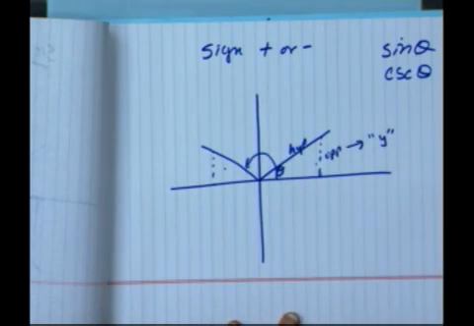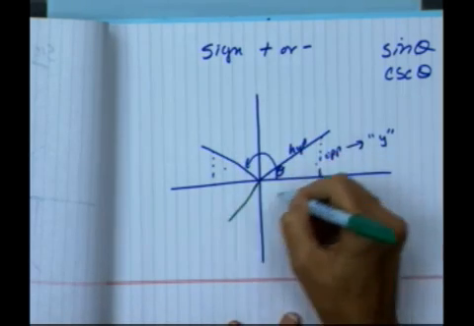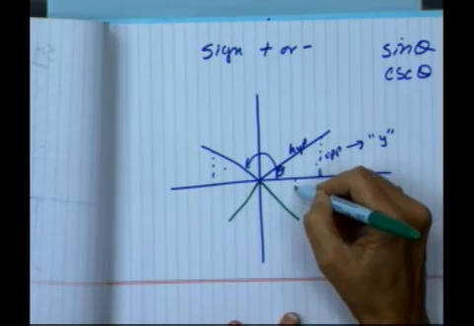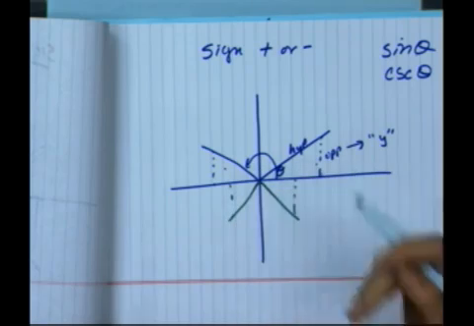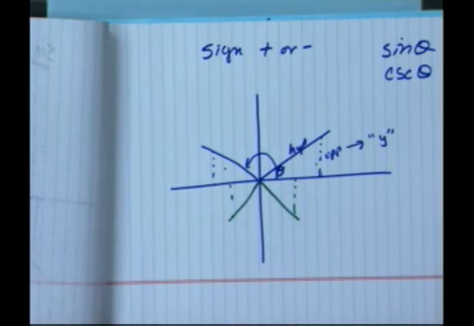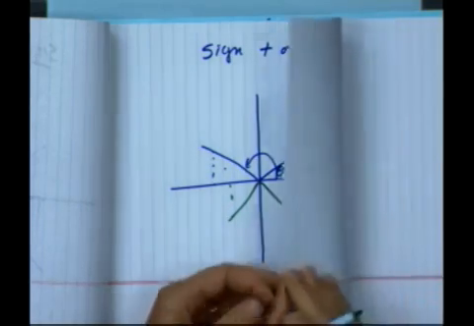What's my sign going to be down in the third or fourth quadrant? Negative, because you have negative y values. Everybody getting it? For sine, you're thinking opposites, those are verticals, those are y values. For cosine, you're thinking adjacent, those are x values.